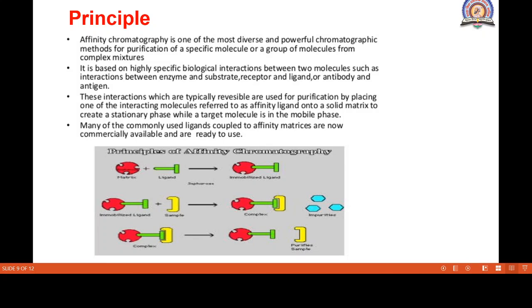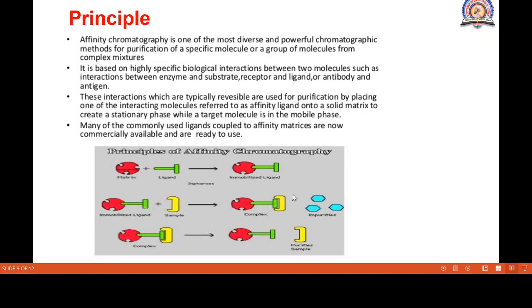Many of the commonly used ligands coupled to affinity matrices are now commercially available and are ready to use. Here the matrix is there, this is the ligand, and when they bind they look like this. Okay, then we introduce a sample. So what happened, this sample binds to this complex and there is a formation of a complex.